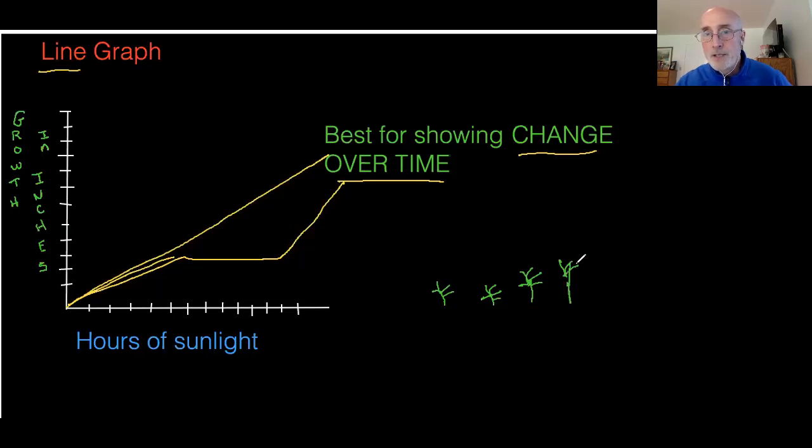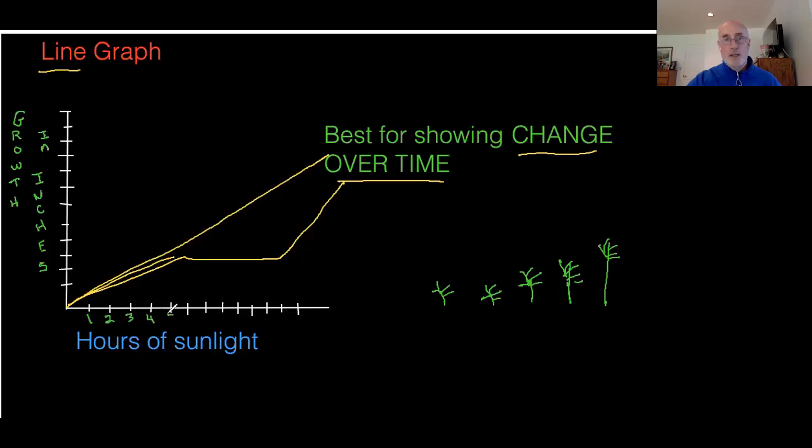So I got my plants, okay. And then I got one that's really tall here, okay. All right, so let's say that I was doing an experiment to show if I gave 1 hour of sunlight a day to a plant, how much would it grow? If it had 2 hours of sunlight a day, 3 hours of sunlight, etc.